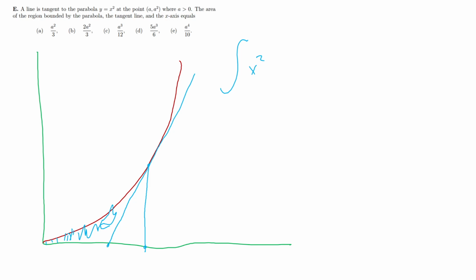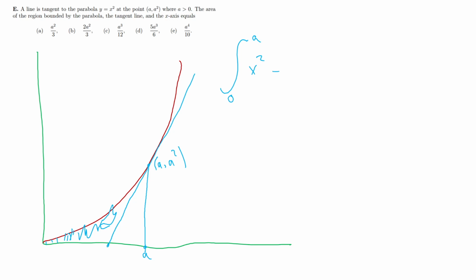We know what this point is here, because we know what this coordinate is. This coordinate is a squared. Our x coordinate is a. So we know that this is going to be between a, and where does this finish? It finishes at 0. So we know that it's going to be between a and 0.